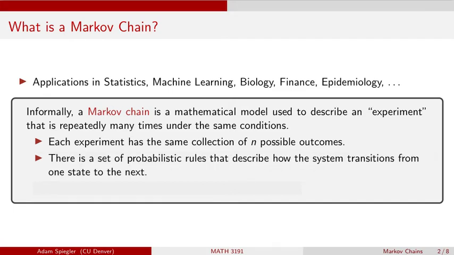There is a set of probabilistic rules that describes how the system transitions from one state to the next, and those probabilities depend only on the current state. In other words, whether or not it's sunny tomorrow only depends on whether it's sunny or raining today, and we're not going to take into account any other factors.